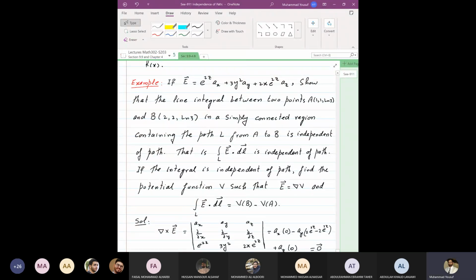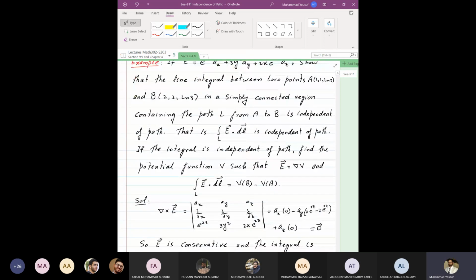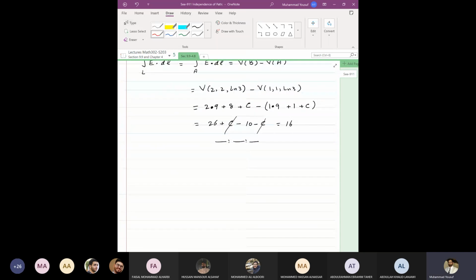For the electric potential, we say that E is equal to negative of gradient V. And in general, we say that the vector field is equal to gradient of a scalar function. But when this E is electric field, then we say it with the negative sign. So let me put here a note.